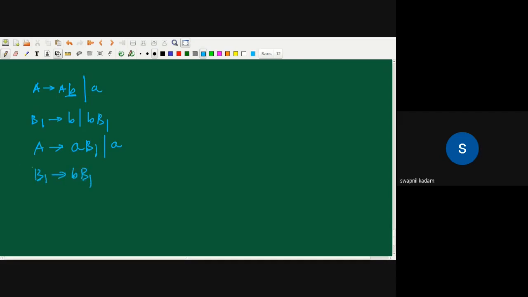Again I should write this down and make it a box. This is lemma 2. If the productions are in this format, where one variable attached to the two ends of the arrow is the same, then such type of productions are called lemma 2 of GNF, which we should convert into lemma 1.